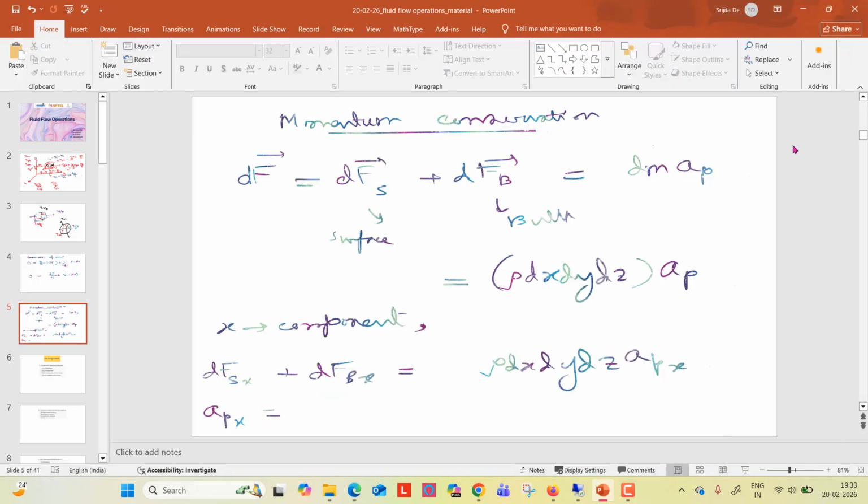The total acceleration, considering the x direction, is defined as del u del t plus u del u del x plus v del u del y plus w del u del z. So this is the apx component.